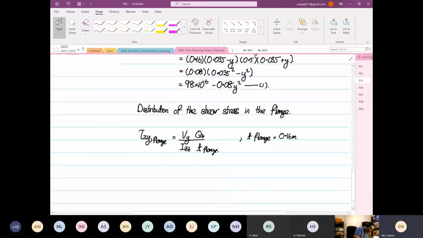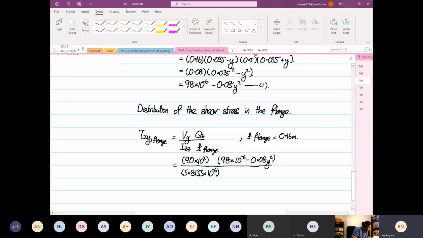We calculated our Vy. So our Vy is equal to 90 times 10 power 3. Then divide by Izz, which is 5.8133 times 10 to the power minus 6. Our Qz is 98 times 10 to the power minus 6 minus 0.08 y squared.